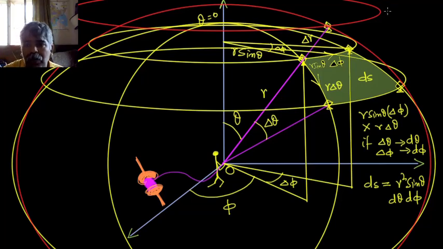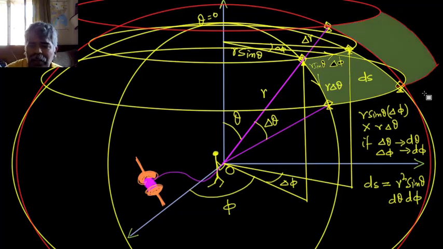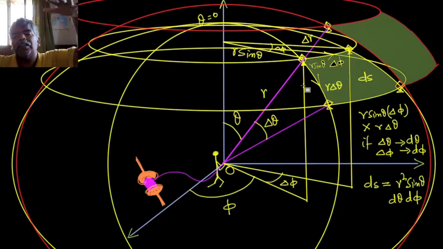Here the longitude will come, and this kite will go like this. So this is the other section, the section of the higher sphere. Higher sphere means which is at a height dr above.